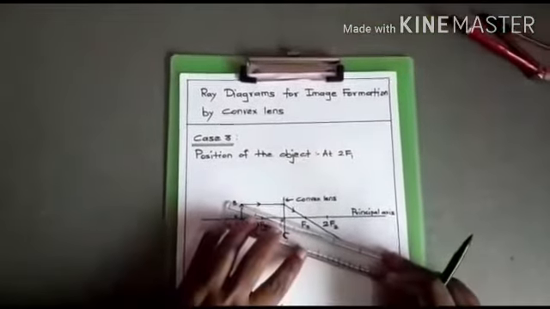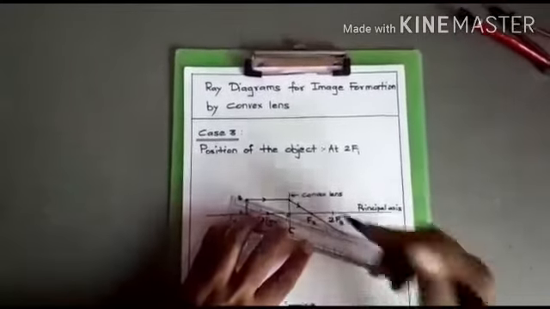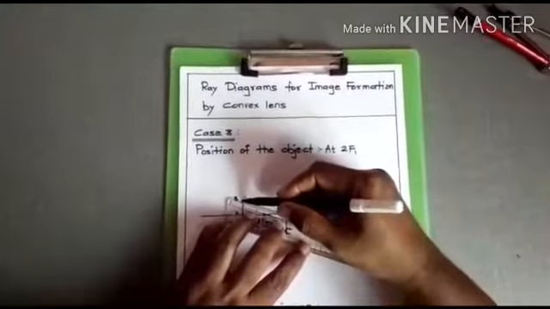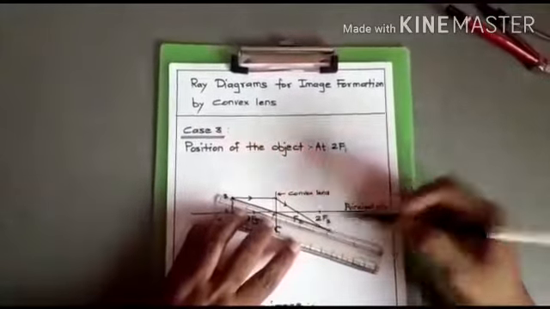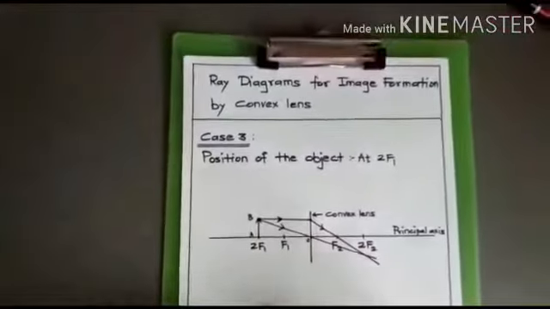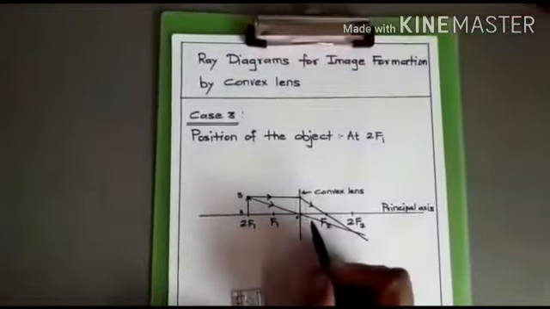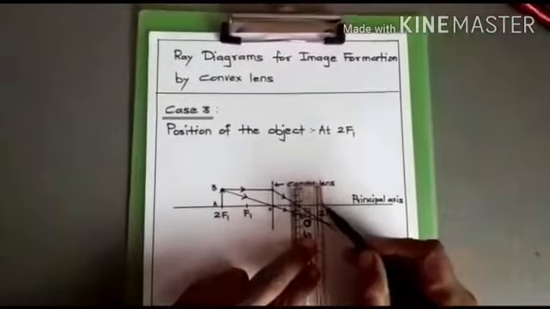Rule 3. The ray which passes through the optical center does not change its direction. So the intersection of these two rays is the image.